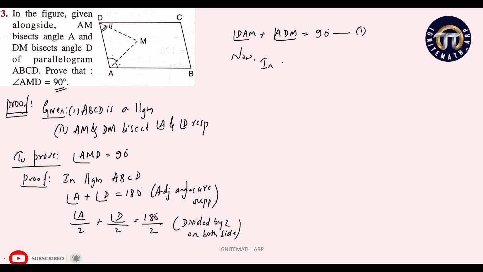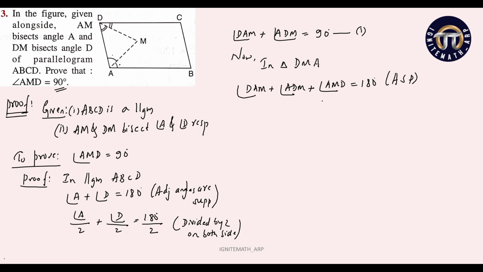So in triangle DMA, I'll apply the angle sum property. Angle DAM plus ADM plus AMD is equal to 180 degree. That is the angle sum property of a triangle.